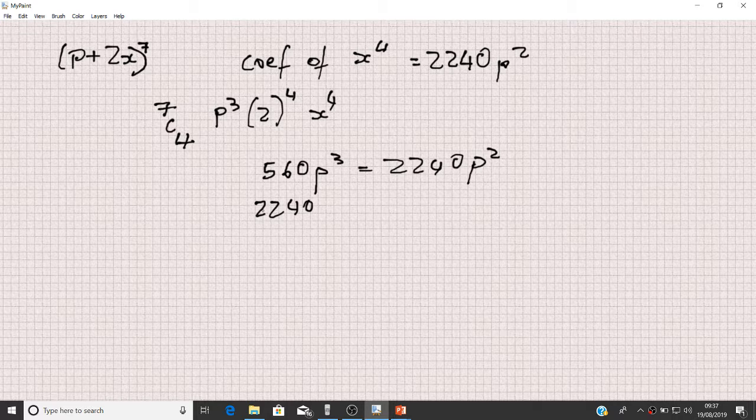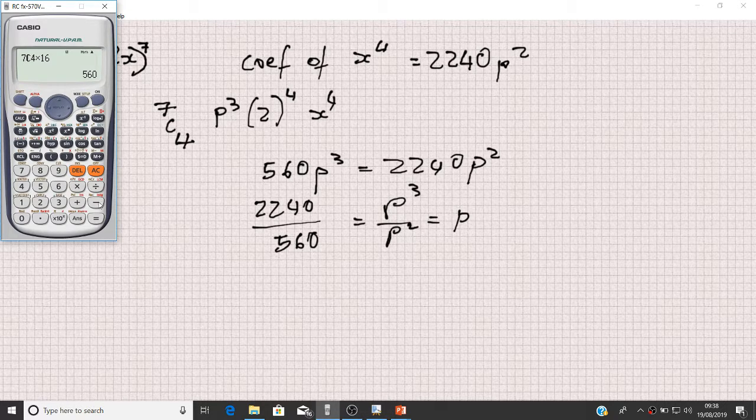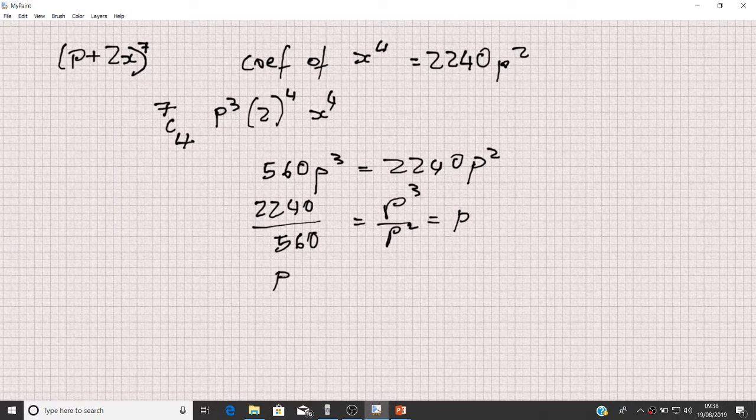So we're going to have 2,240 over 560 equals p cubed over p squared, is going to give us the value for p. So quick look at that. 2240 divided by 560, giving a value of p equals 4. Okay, so that's all for this video. Thank you for watching.